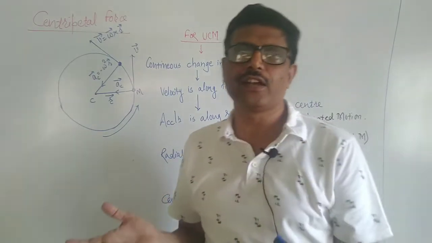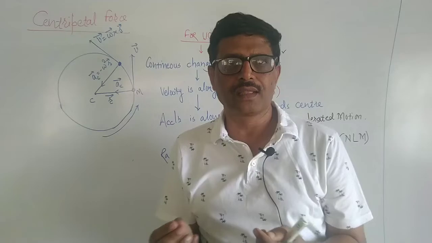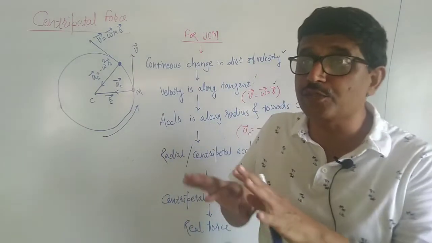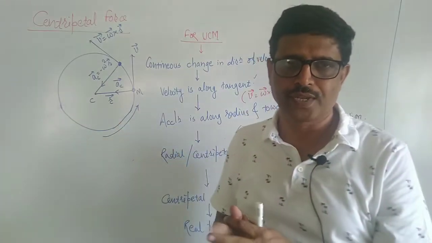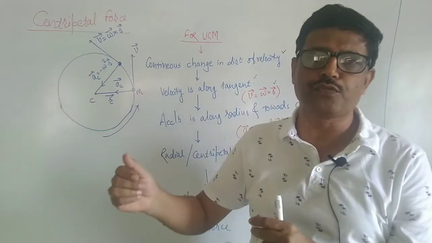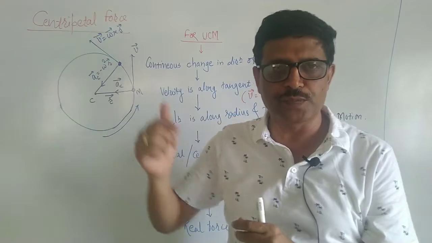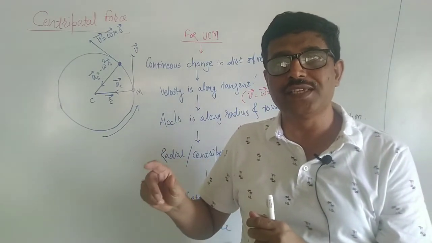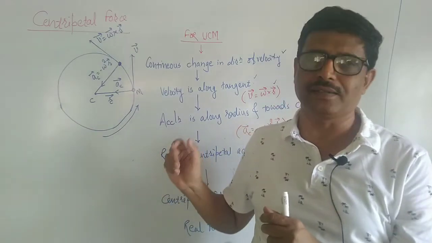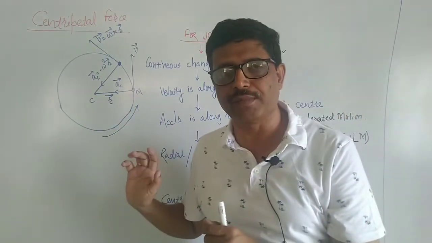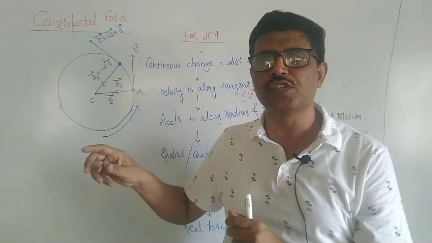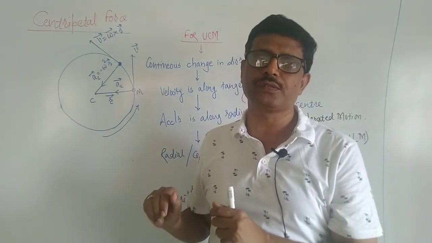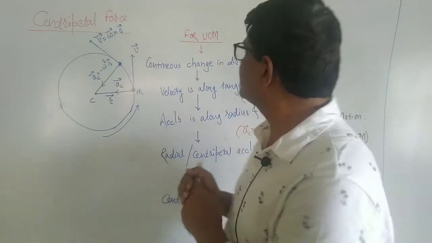According to Newton's second law of motion, the rate of change of momentum is directly proportional to the applied force, and it takes place in the direction of force. The change of momentum is m times (v minus u) divided by t, which is mass times acceleration.